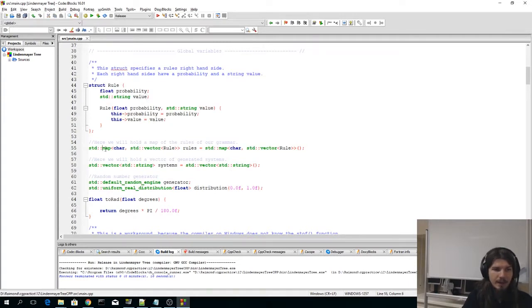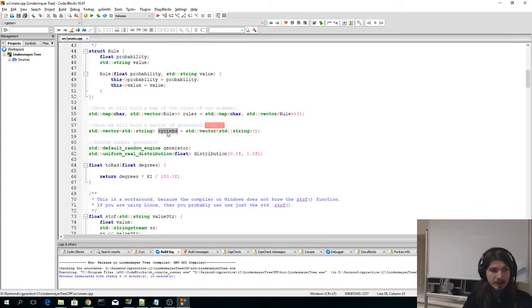And we also have a map of rules, so these hold for each character a vector of different rules, meaning that you can assign many rules that have the same left-hand side, but their probabilities are less than 1, and they have different right-hand sides.